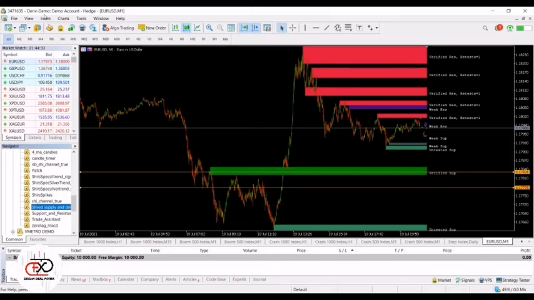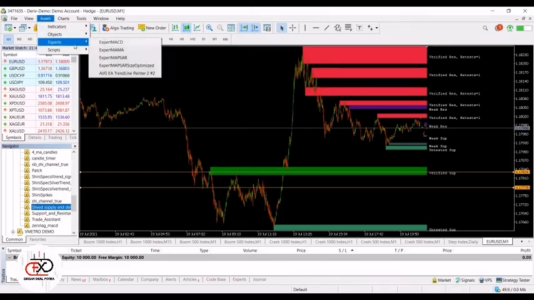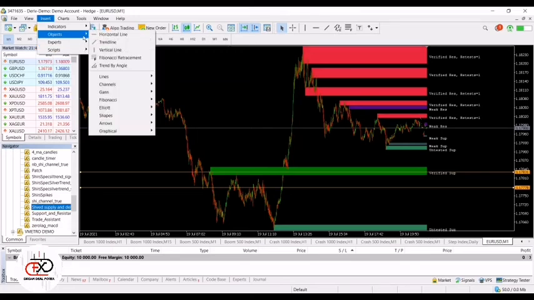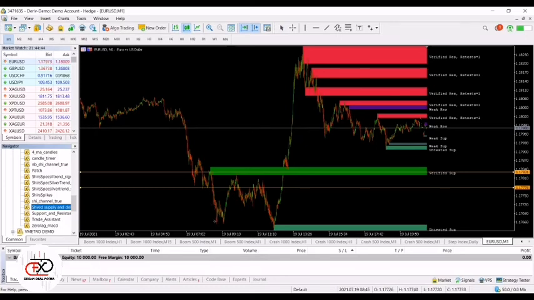Let me spot it as well for you. So this whole area is validated. Now let's go to the higher 5-minute time frame.